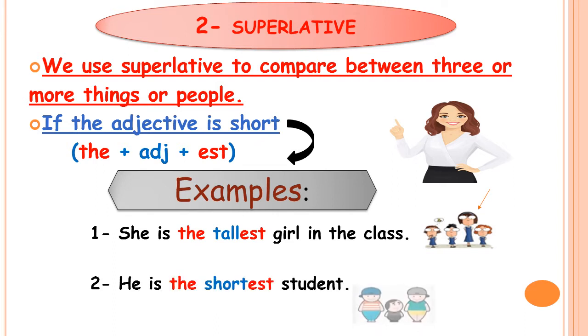Number 2. He is the shortest student. As you can see here also, we have the plus the short adjective, which is short, plus est. So it will be the shortest. Okay?